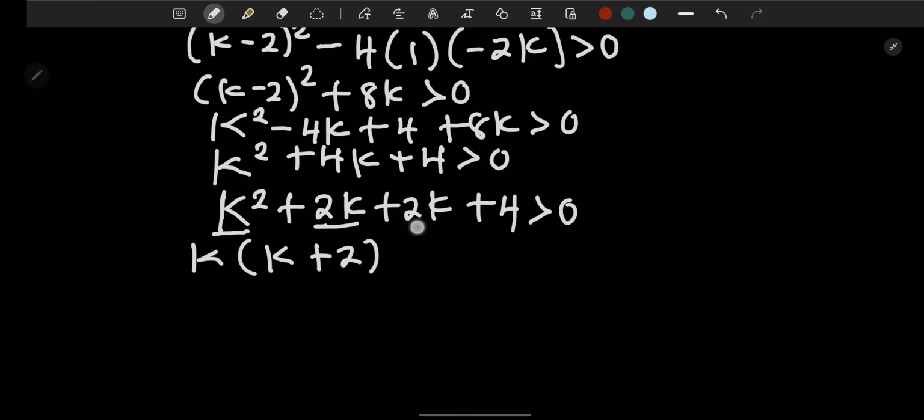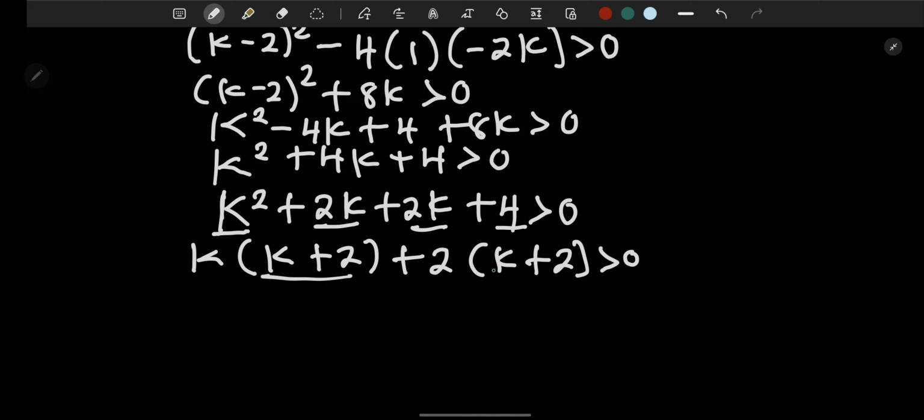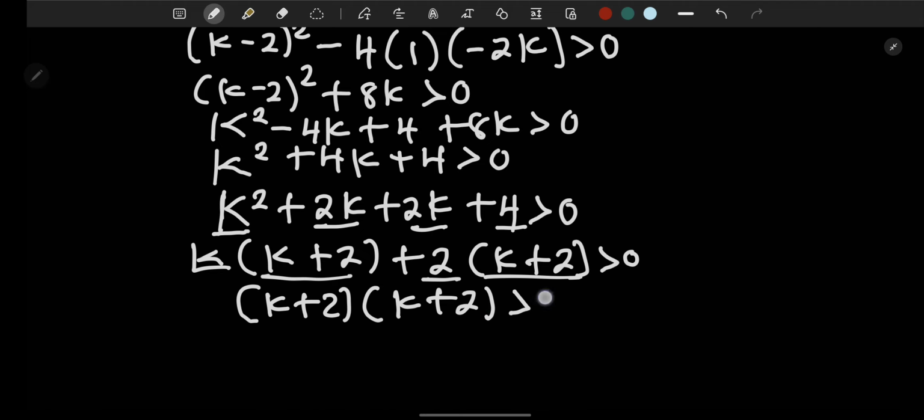For the last two terms, 2k and 4, the only thing common is 2. When you factorize 2 out, you have k plus 2 as well. Since k plus 2 is common, we factorize that out, and here we have k plus 2 greater than 0. The whole expression can be written as (k plus 2) all squared greater than 0.